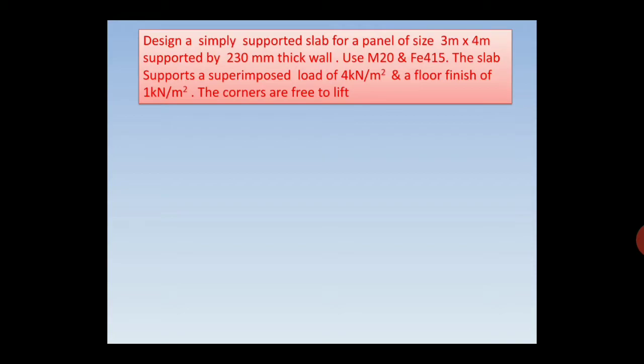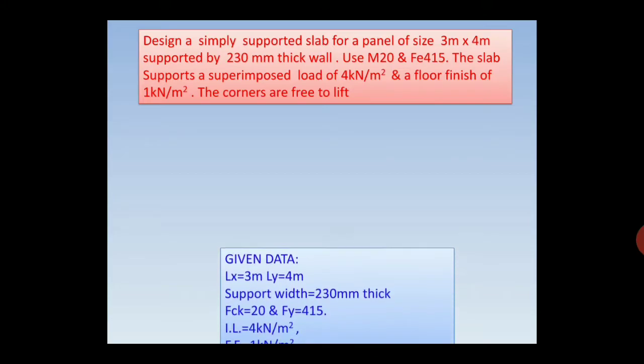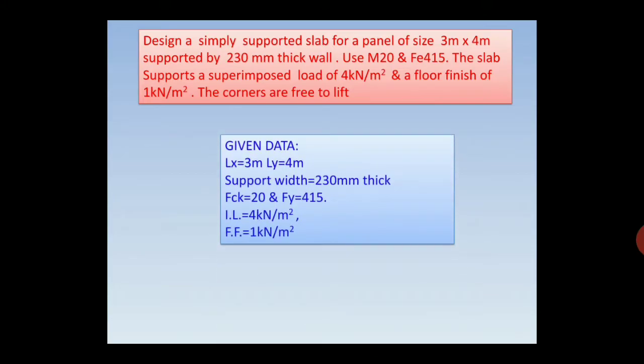The corners are free to lift. So the most important thing in the example is to understand what the end conditions given are. Here it's a simply supported slab and the end condition given is that the corners are free to lift. So let's start with noting down the given data.